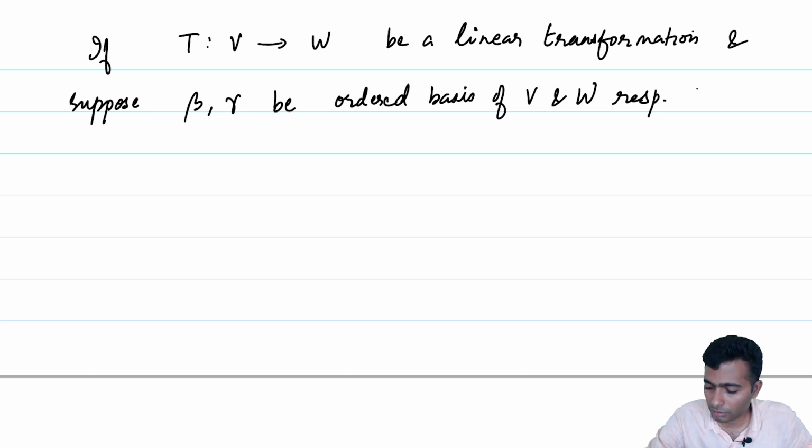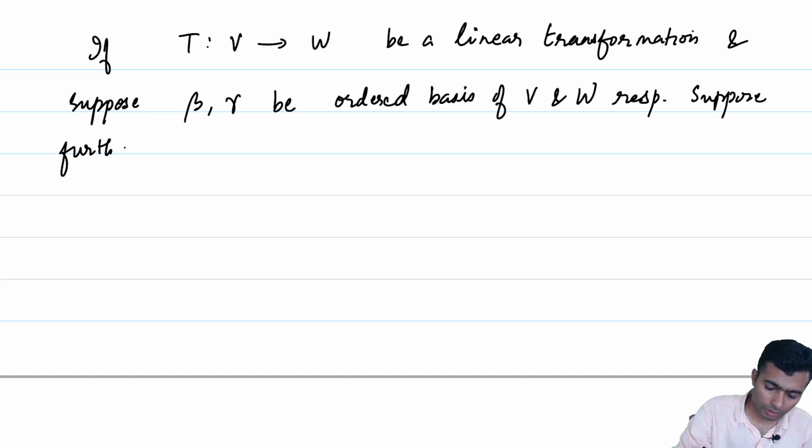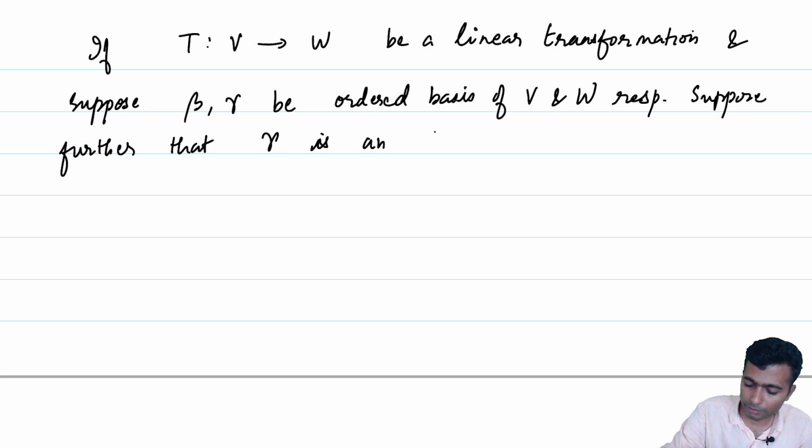Suppose further that gamma is an orthonormal basis.